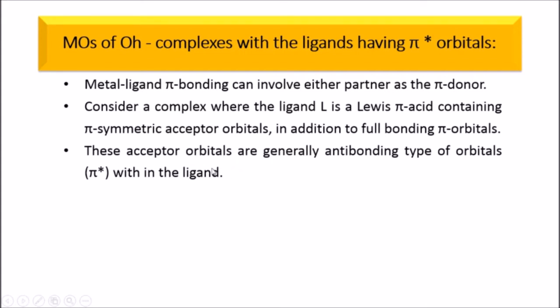Now, students, you need to think over here about the limitation of CFT. Up to this point I haven't talked about the limitation of CFT, but here I will draw your attention to the limitation of crystal field theory. In crystal field theory, there is an electrostatic attraction between the ligand and the central metal ion.